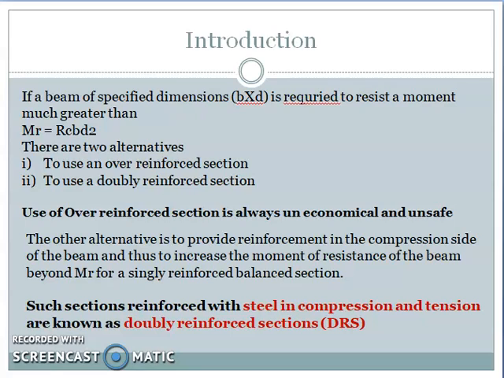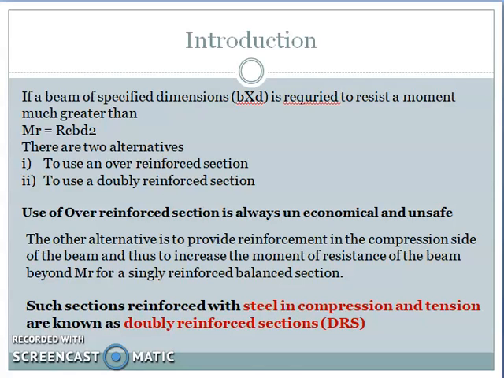So even for a singly reinforced section, usually you design either a balanced section or an under reinforced section, but you usually do not go for an over reinforced section, as it is uneconomical because you provide extra steel, and it is unsafe because it collapses suddenly. There is no failure seen earlier. There is no warning.